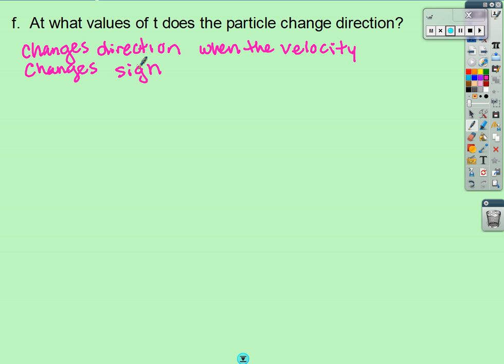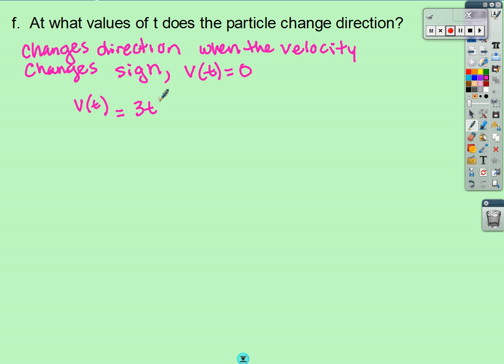And when does it change sign? We have to check when v of t equals 0. Okay? So we found our velocity already.